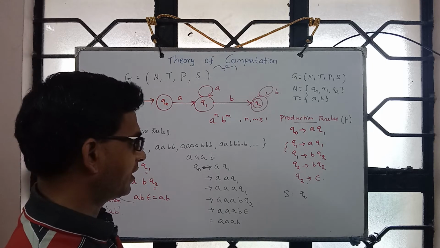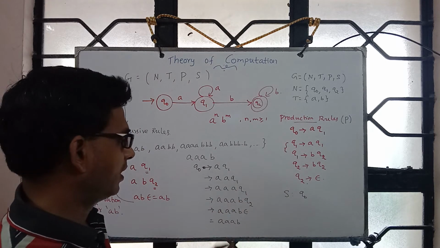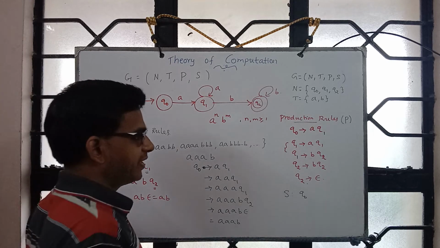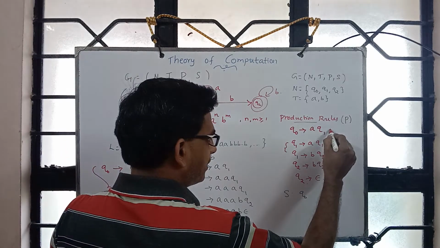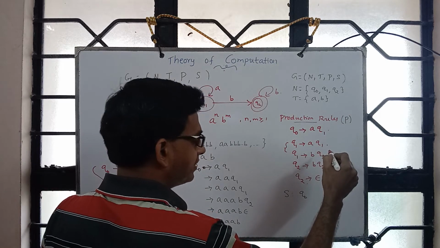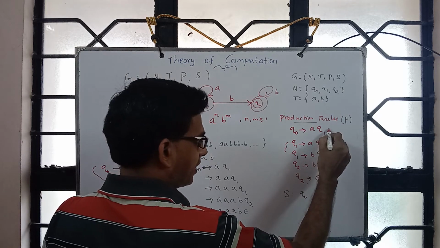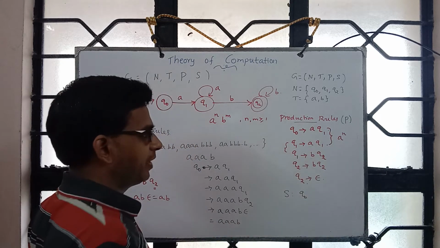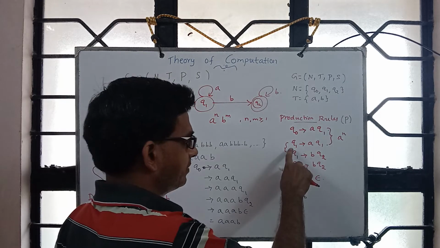According to your requirements, you choose the appropriate production. You can clearly see that with this you get the first A. If you keep applying this, you get the remaining A's. Which means one can generate A power n using this.